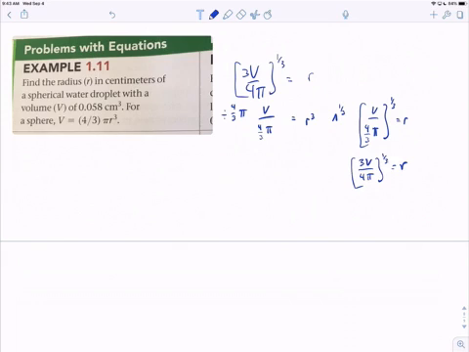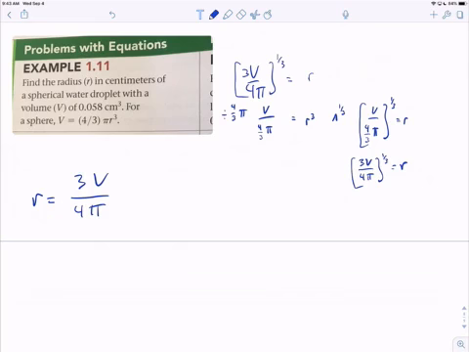So let's put the numbers in now. We solve the equation first, and we have radius is 3 volume over 4 pi. You can write it one way, the cube root. That's one of the ways you can do it, and some calculators have that function.